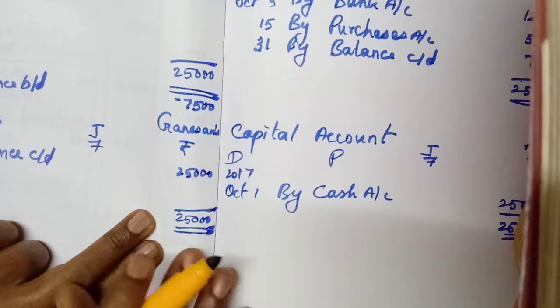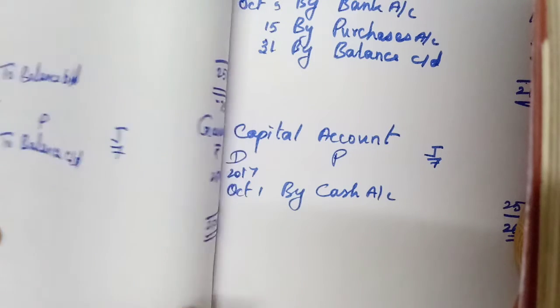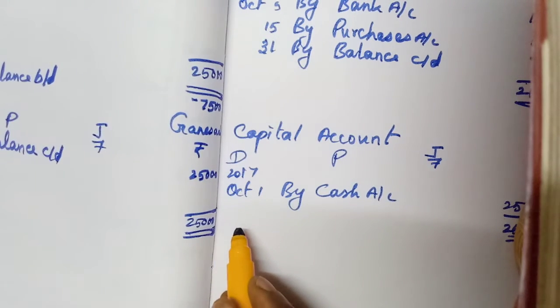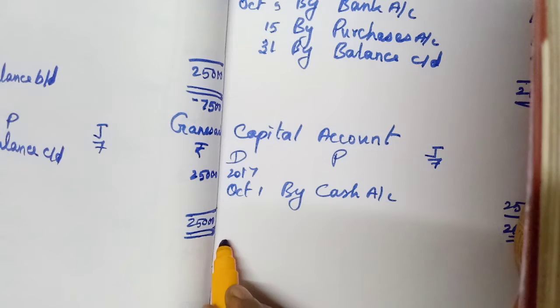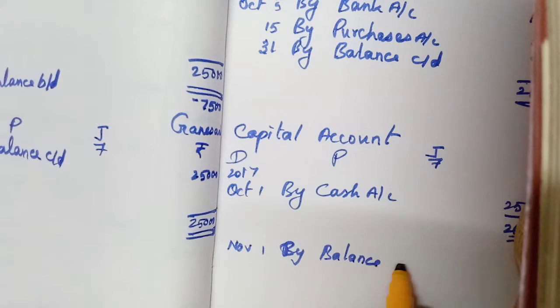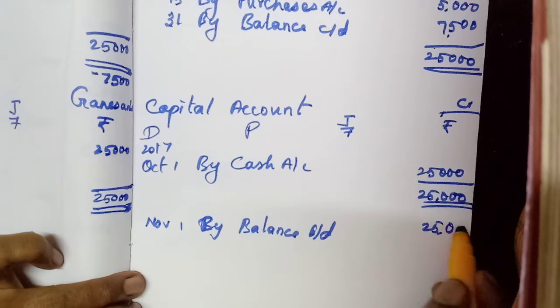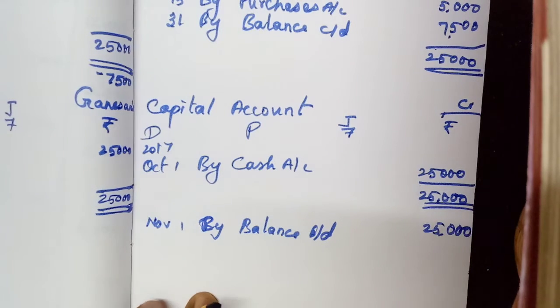Now this closing balance will become the opening balance. What is the next date of October 31? November 1. By balance brought down, 25,000. Now that account gets over.